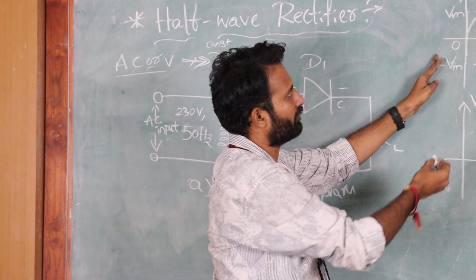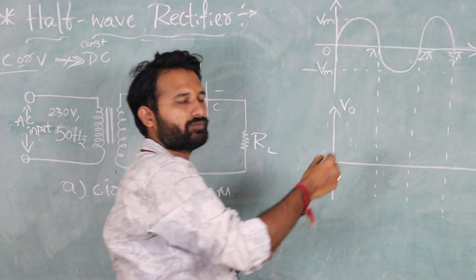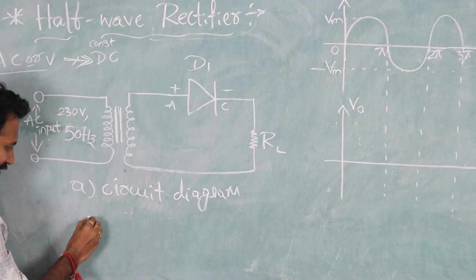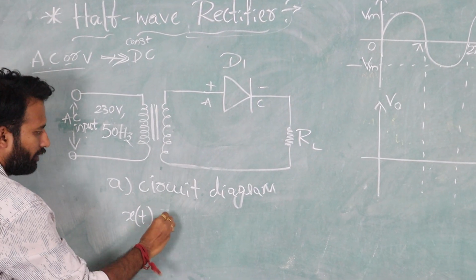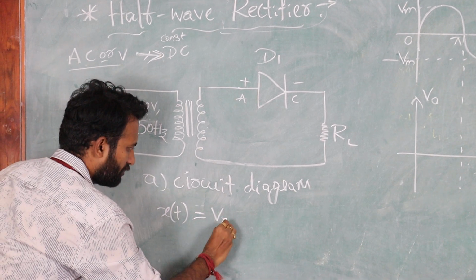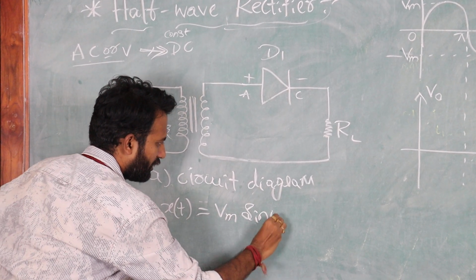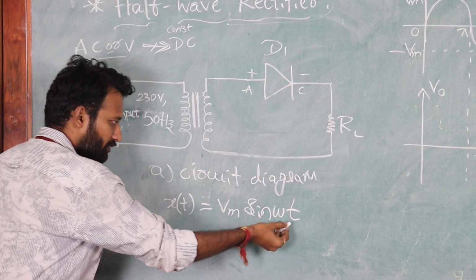This is my input, a sinusoidal waveform, which can be given as x of t is equal to Vm sin omega t. That is my function.